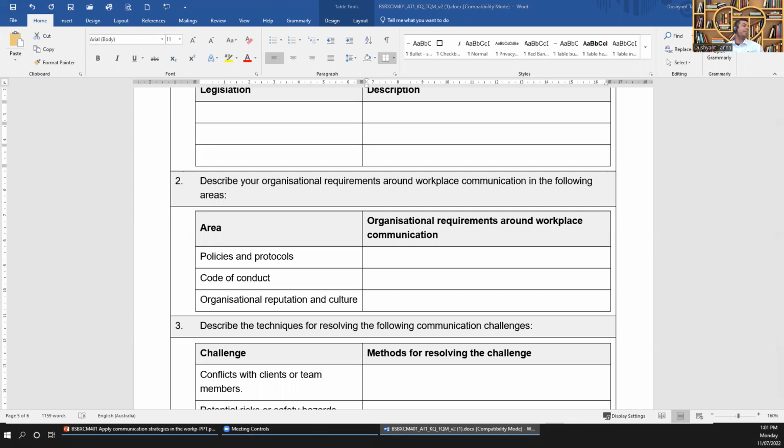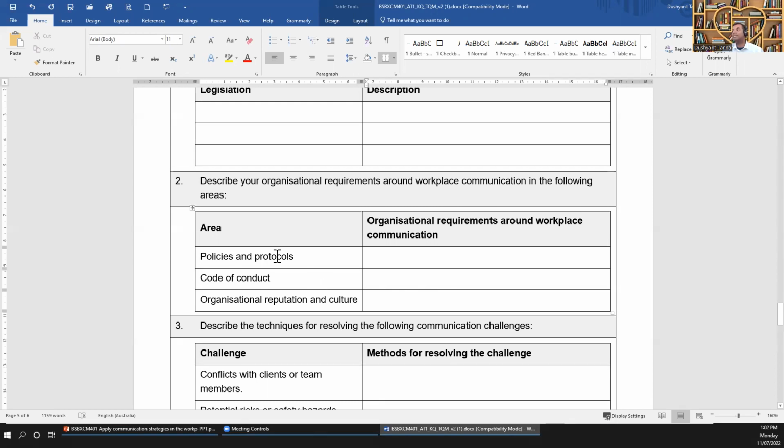Question number 2. Describe your organization's requirements about workplace communication in the following areas: policy and protocol, code of conduct, and reputation and culture. You can talk about your own company, where you work, such as a Department of Health, medical center, or immigration center.